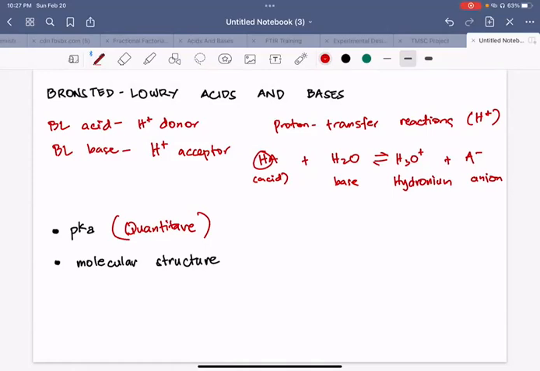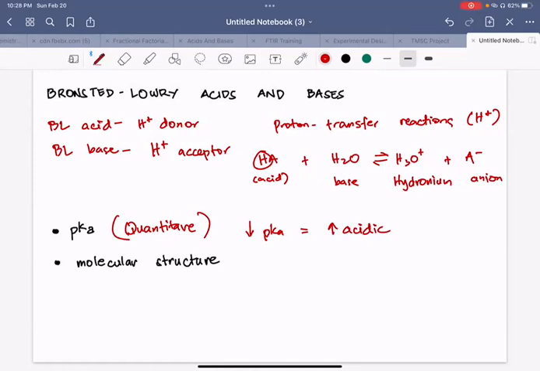It is very easy to predict whether a compound is acidic or not just by looking at its pKa. And the lower the pKa, the more acidic the compound is. So that is the observed trend.